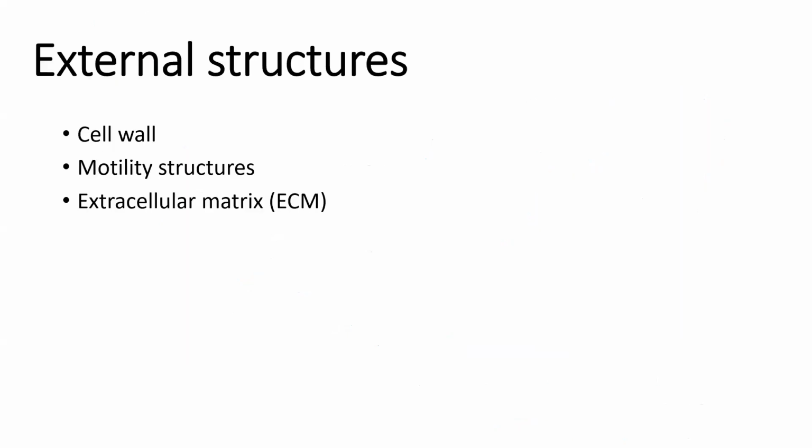All right, external structures. We talked about the internal structures, and that's what everybody learns about in grade school, and that's what gets all the fanfare. But guess what? There are really amazing external structures too that are really important in helping to maintain the structural integrity of the cell. Maintaining the structure is so important in biology.